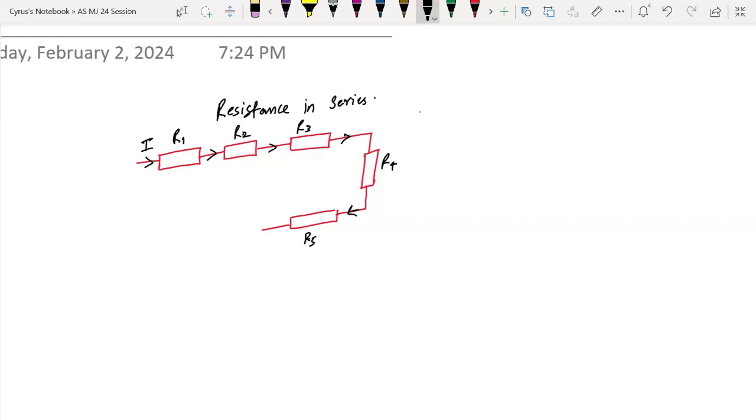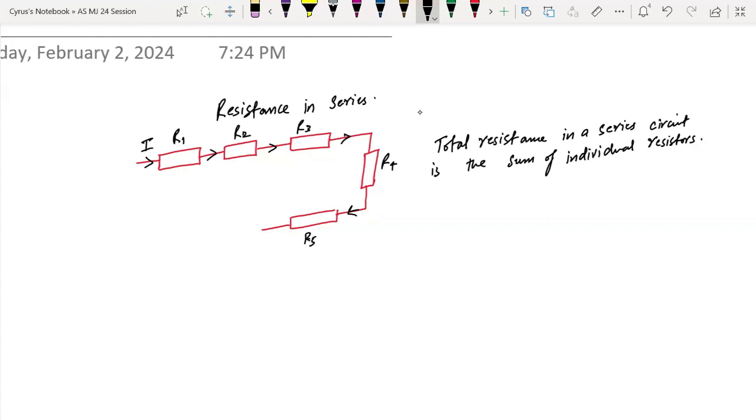You should know that the total resistance in a series circuit is the sum of individual resistors, right? You can simply add the resistances like this. R is equal to R1 plus R2 plus R3 plus R4 plus R5.